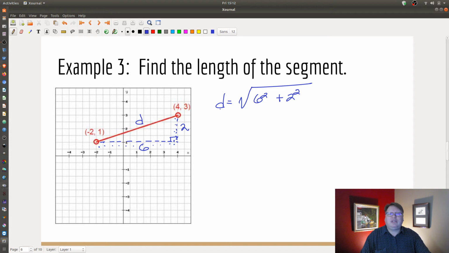This is basically c squared equals a squared plus b squared, but we're square rooting the a squared plus b squared to give us c, and that c is equal to our distance d. So d is equal to the square root of 36 plus 4. So d is equal to the square root of 40.